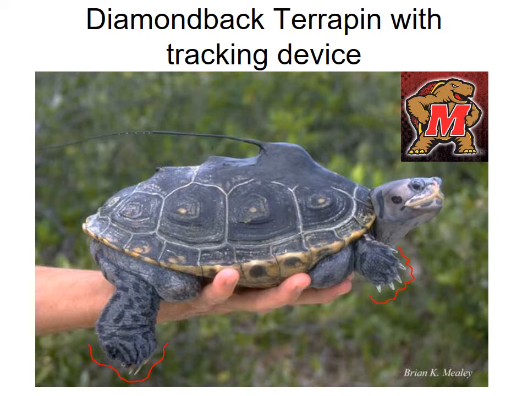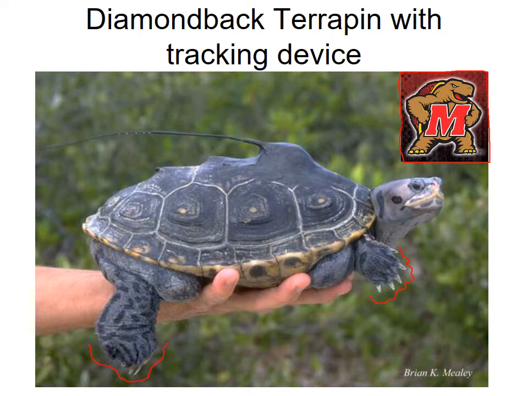But this turtle is tolerant of living in salt water, so unlike other freshwater turtles, it lives in salt marshes. The diamondback terrapin can actually live in mangrove swamps as well, but salt marshes are sort of their main habitat. They're found in salt marshes of Maryland, which is why they're the mascot of the University of Maryland, although this mascot cartoon doesn't look all that much like the actual turtle.